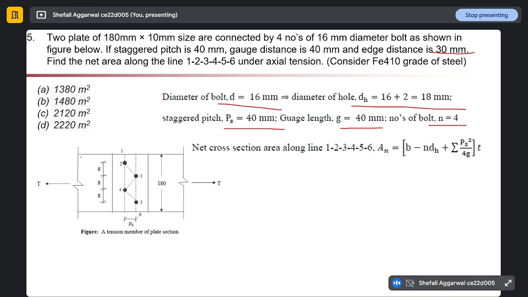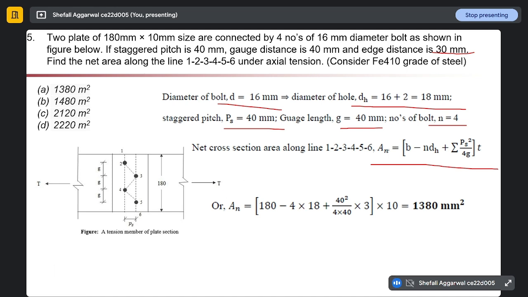So calculating the net area along this length, if you see this length, this is the formula already given to us in the IS code. An is equal to b minus n dh plus sigma p square upon 4g into complete thickness of our plate.